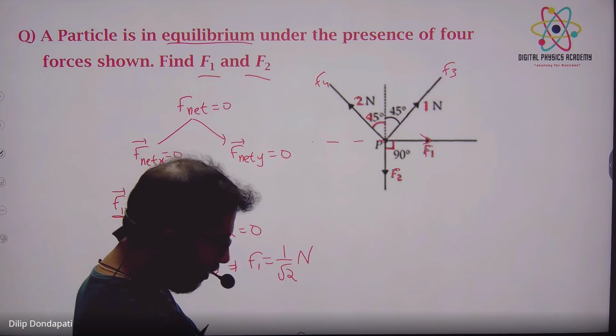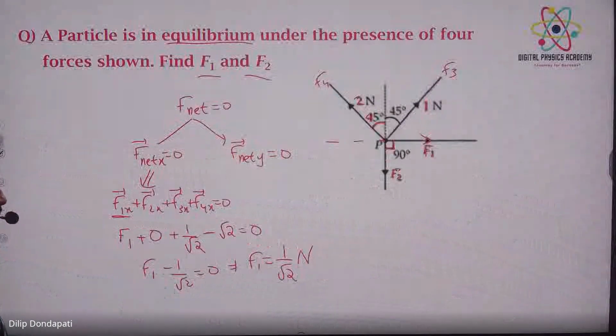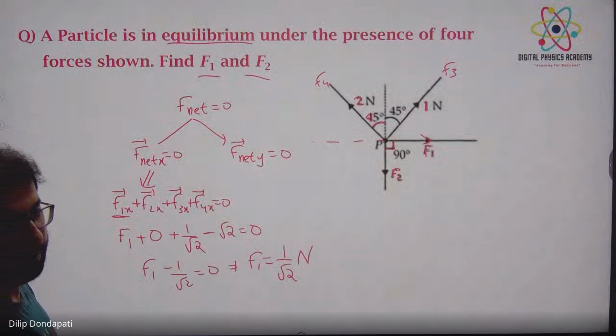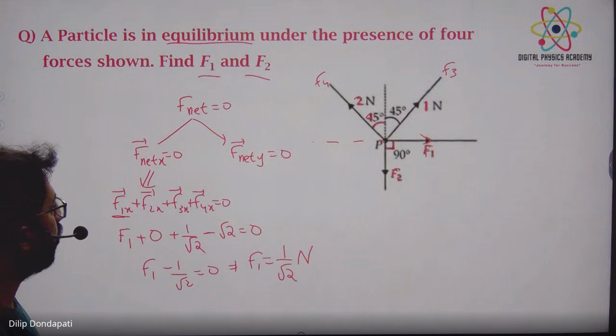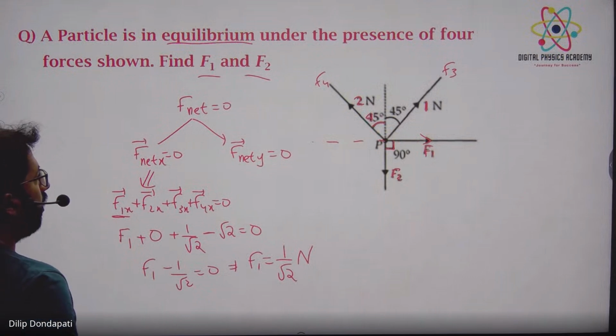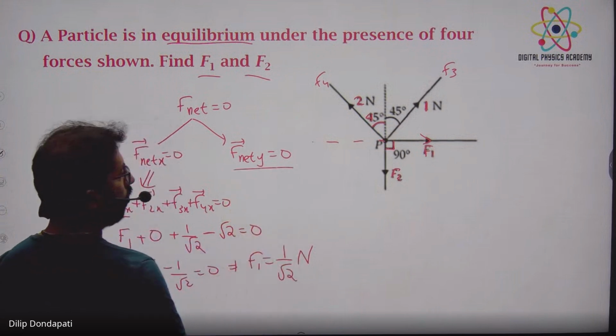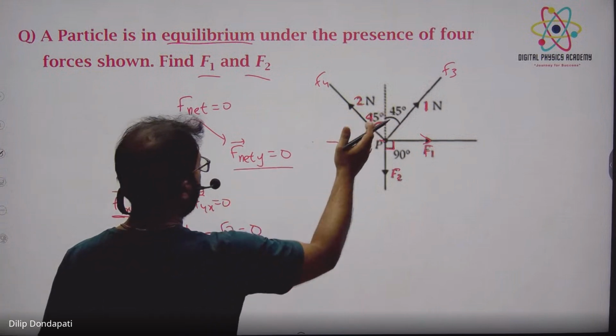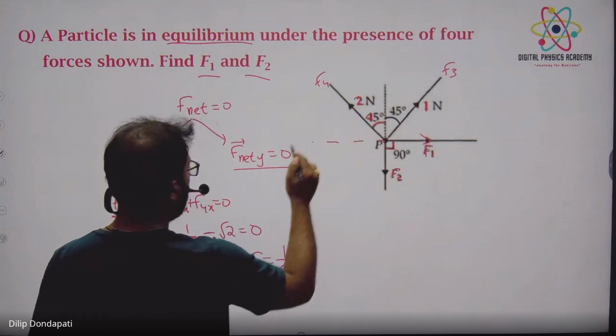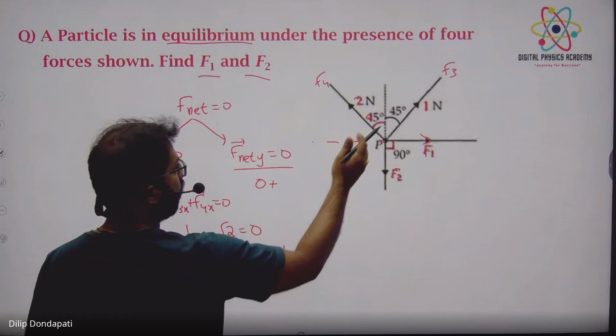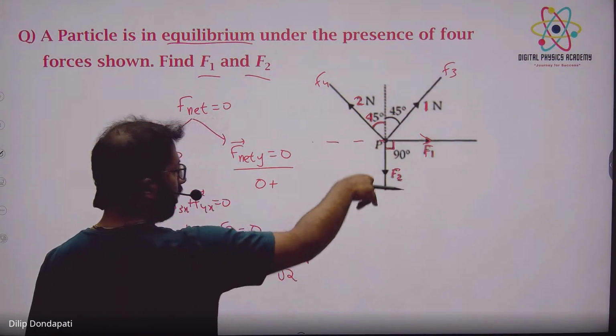So 3 by root 2 Newton. How much? Minus 3 by root 2 Newton. A little mistake. Put the y direction with sign conventions properly. What is the net force in the y direction? Okay, F1 has no y direction, 0, plus the y direction of F2 is how much? Minus F2, right?